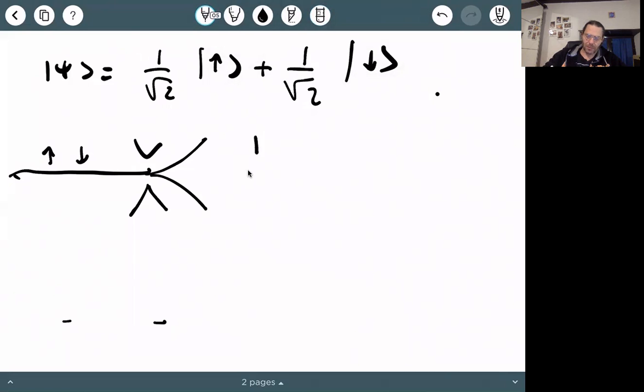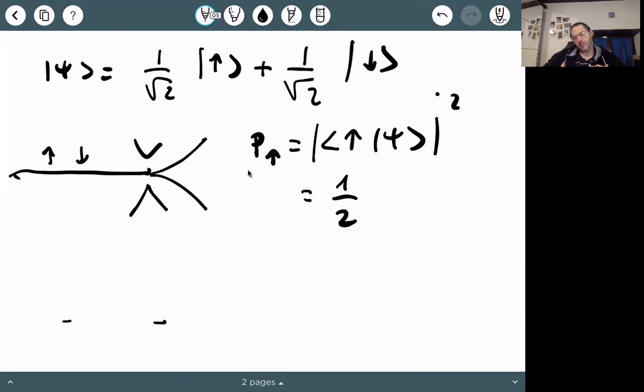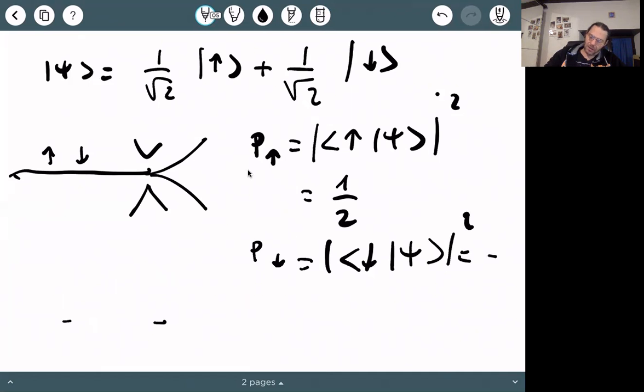In fact, the probability of observing spin up would be the modulus square of up psi, and it takes you some time to realize that this is 1/2, and the probability of observing spin down will be again the modulus square of down psi, and this is still 1/2.